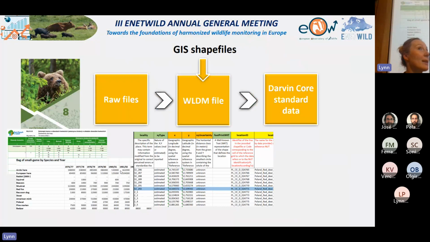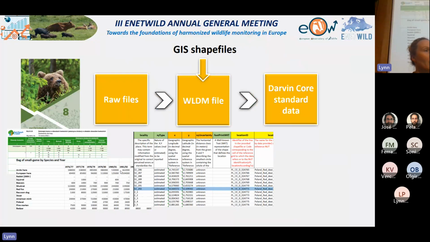But since we went up from only checking wild boars up to carnivores and ruminants, we had to develop a little bit more. So we are going from really raw information to something which is at least structured, adding also GIS shapefiles, which is also giving us the information in quite a unified standard.